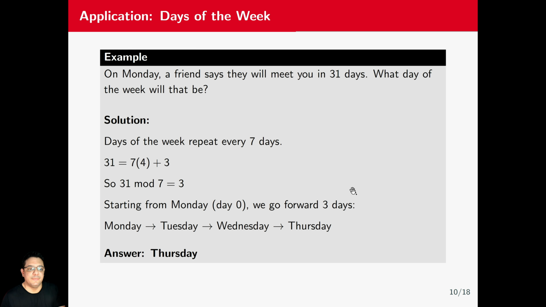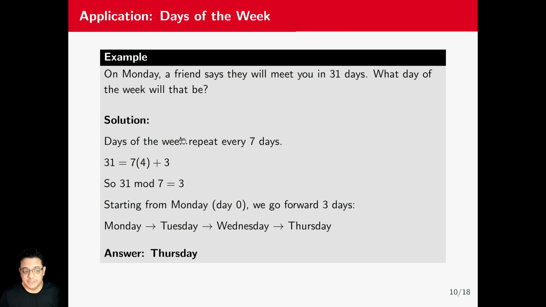Now, applications of this. We can apply all this for cycles. So we can use this modular arithmetic that we're defining, so we can see patterns and see when things repeat. For example, on Monday, a friend says that they will meet you in 31 days. So what day of the week will that be?